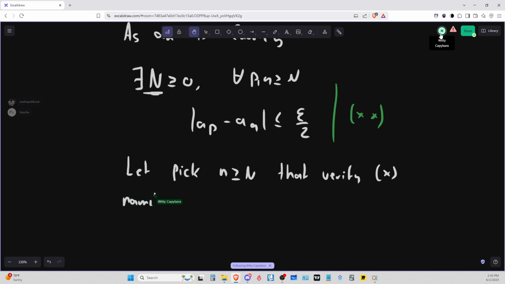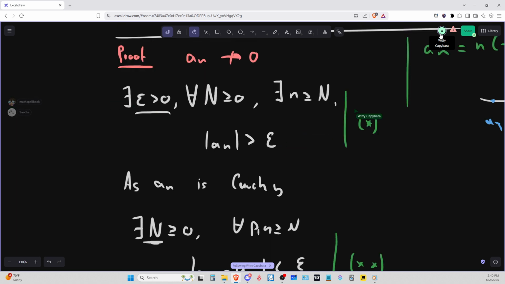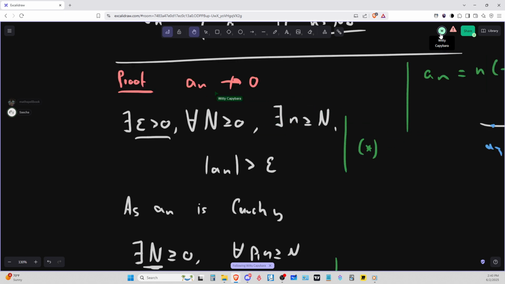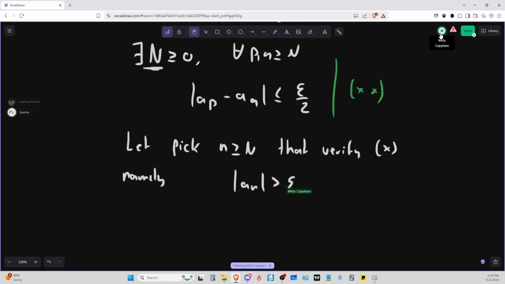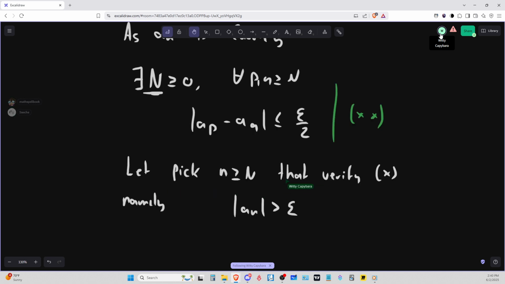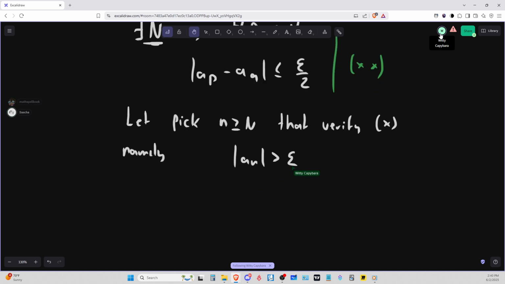Namely, the absolute value of a_n is strictly bigger than epsilon. The star is just the fact that a_n is not converging to 0, so I should be able to find that. So we're going to use this.